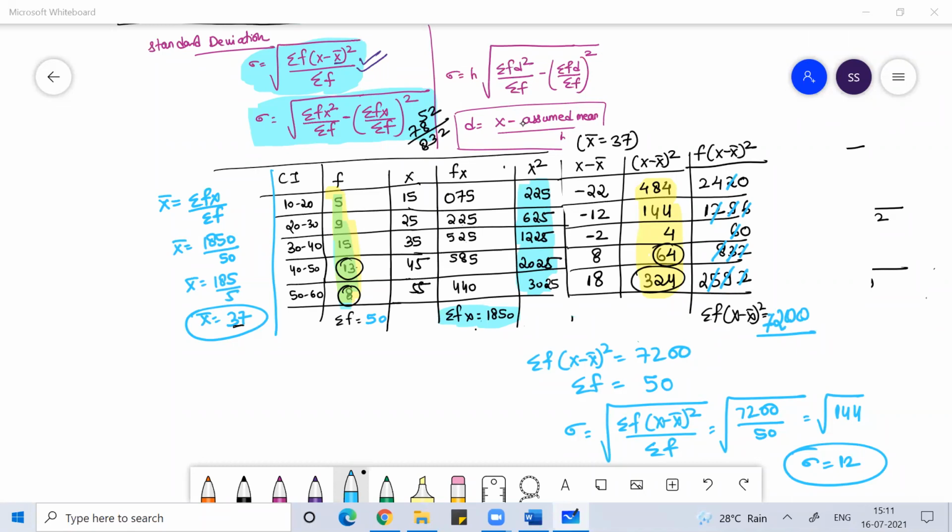So next class means tomorrow only, no? My class is there. Tomorrow we'll do the same thing by step deviation. Clear everyone? Any doubt?